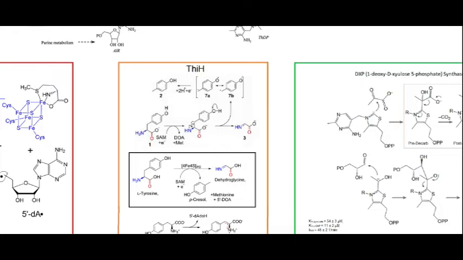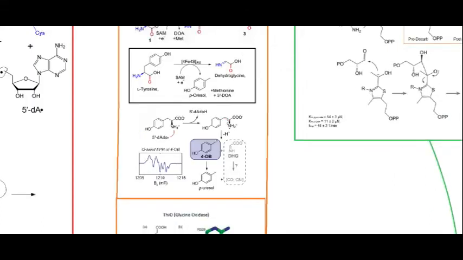And so the proposed mechanism at first thought that the radical was being generated here on the phenolic oxygen, and then moving its way through this aromatic ring to come down and detach at this bond here to generate our dehydroglycine.